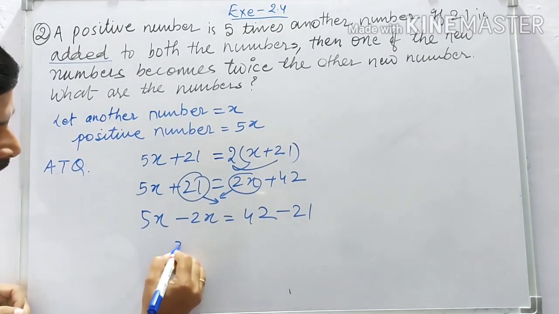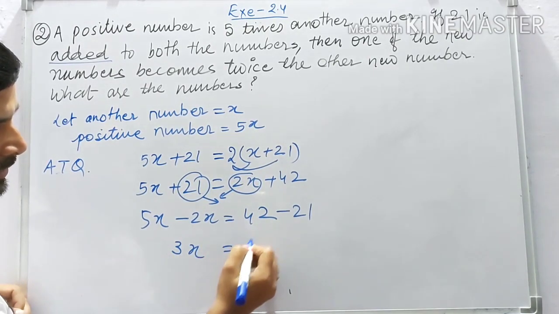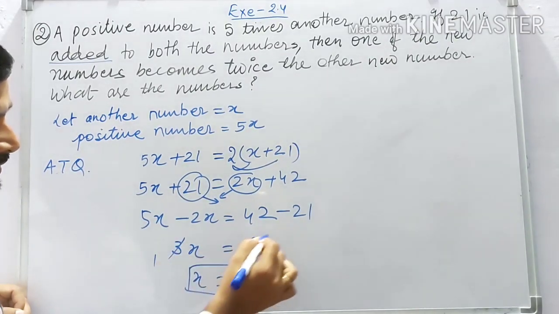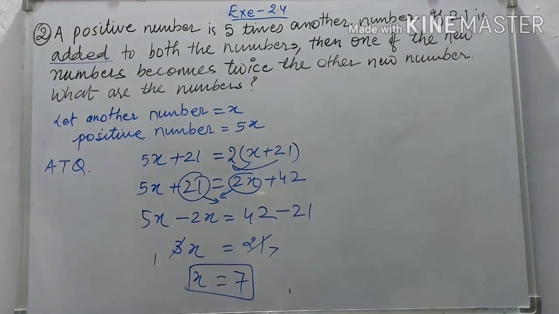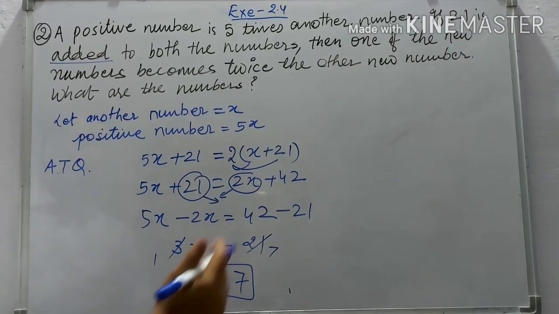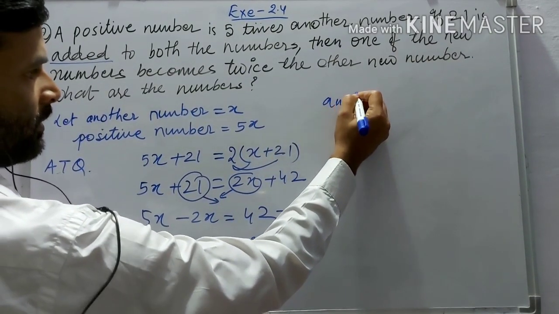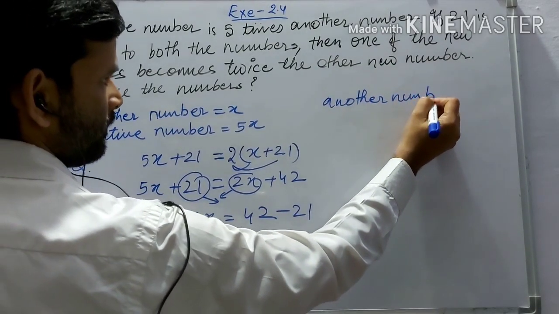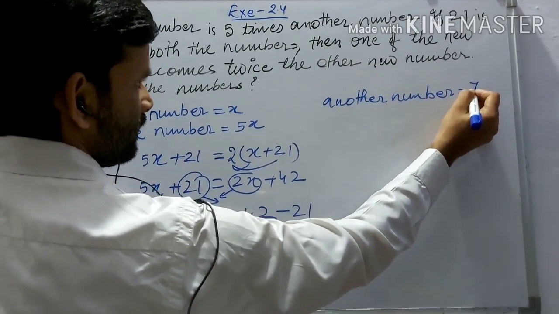That is 3x is equal to 21, so x is equal to 7, because 3 sevens are 21. So x, the other number, is 7.